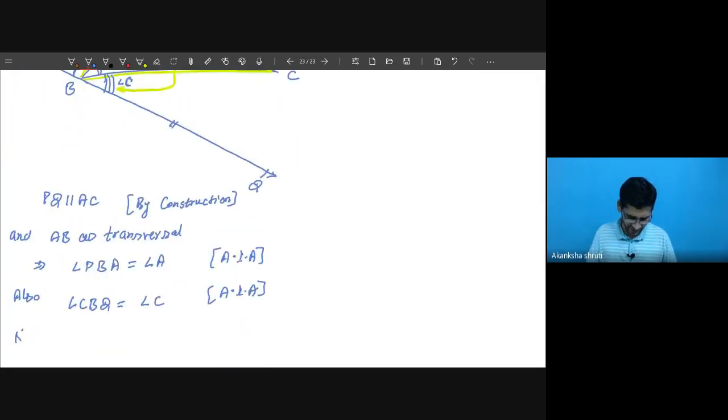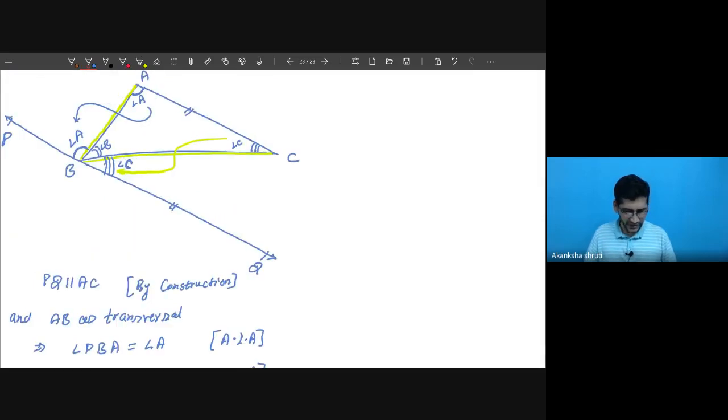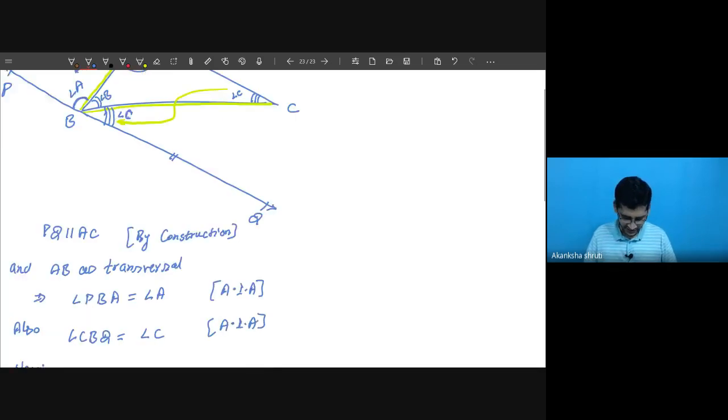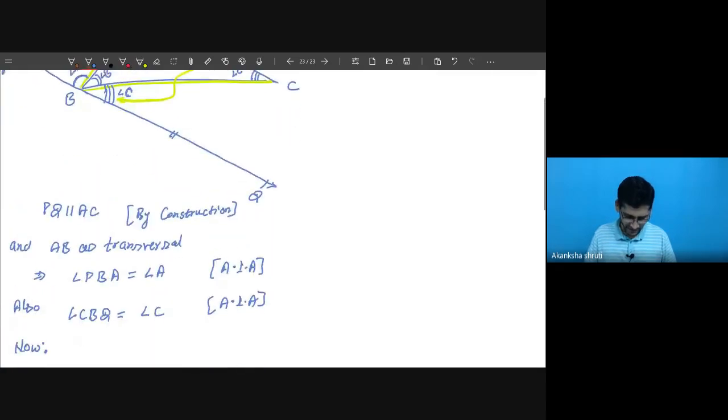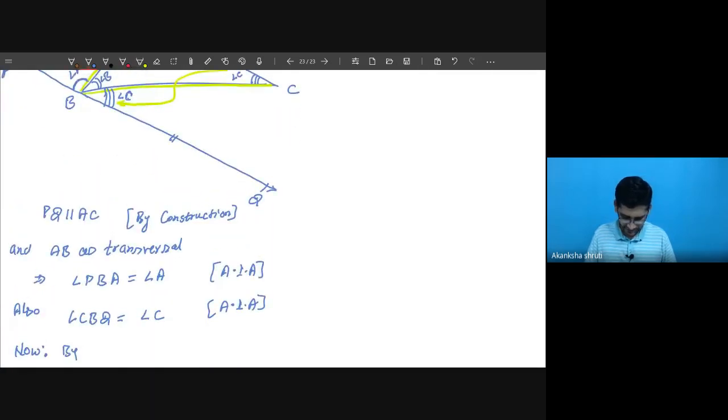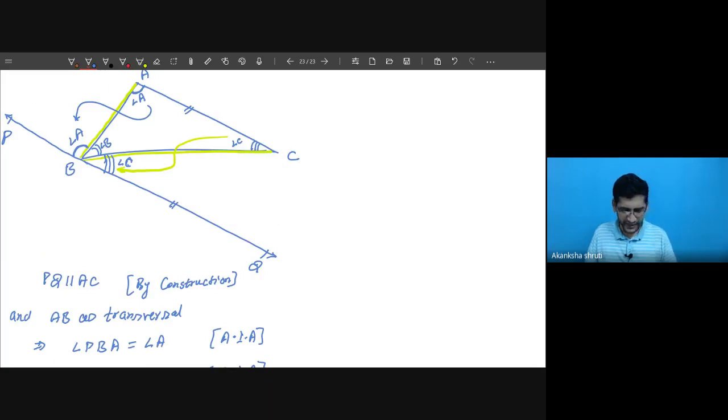So because of this PQ which is drawn parallel to AC, we are able to write this. Now, what is the property of a straight line? When PQ is a straight line, angle PBA plus angle ABC plus angle CBQ is equal to 180 degrees.